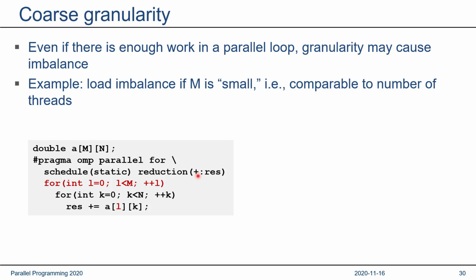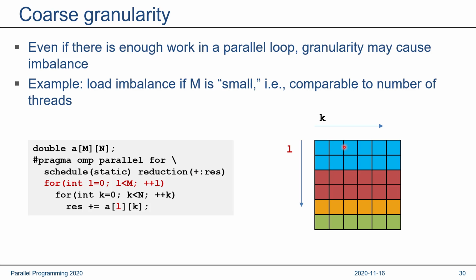Well, simple enough. However, if this is a situation, we have a 6x6 matrix and 4 threads, then what happens, because we only parallelize the outer loop, the L loop, which goes from 0 to m-1, if m is just 6, but we have 4 threads, then this is what could happen. The first 2 threads get 2 rows of the matrix, while the last 2 threads, 2 and 3, get only 1 row.